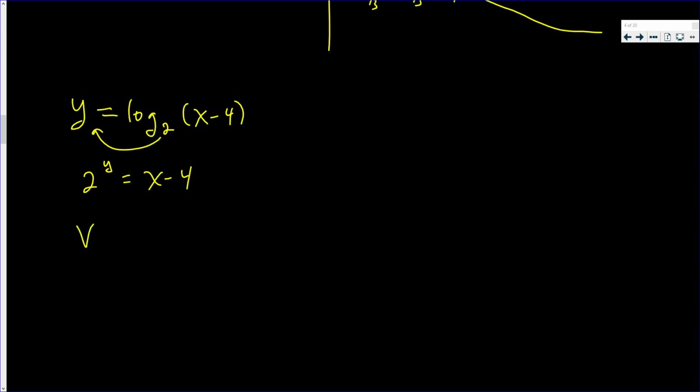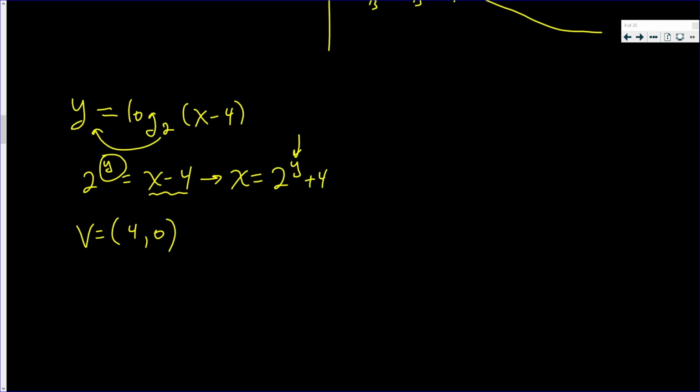But the vertex is going to be what makes that 0, which is 4, and what makes that 0, and that's y being 0. If you brought the 4 to the other side, it would have been plus 4.